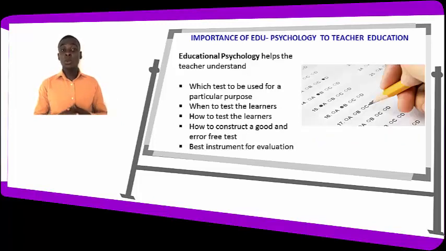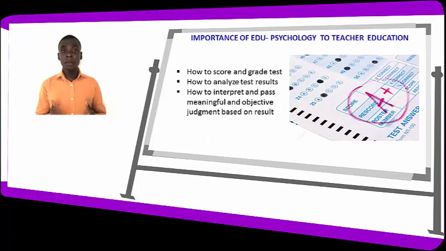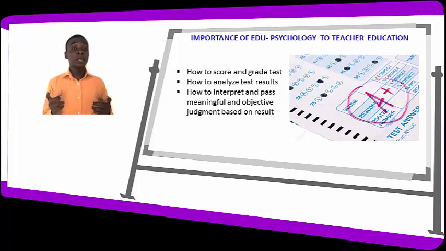It helps the teacher understand which test to be used for a particular purpose, when to test the learners, how to test the learners, how to construct a good and error-free test, the best instrument to be used for evaluation, how to score and grade tests, how to analyze test results, and how to predict and pass meaningful and objective judgment based on results.